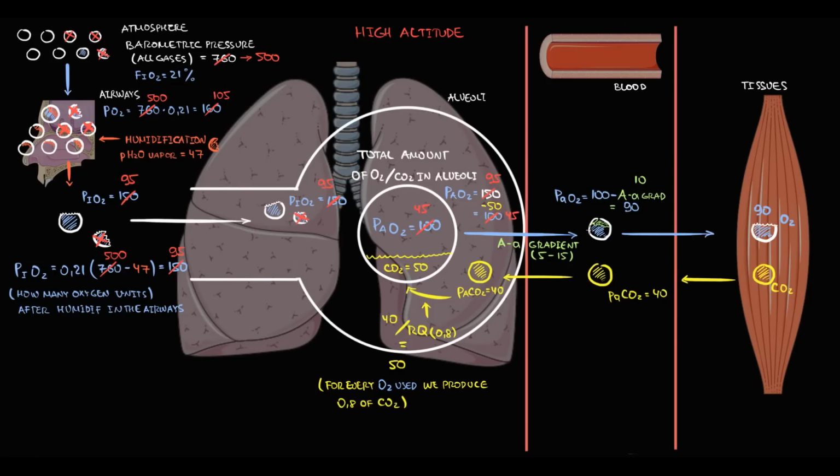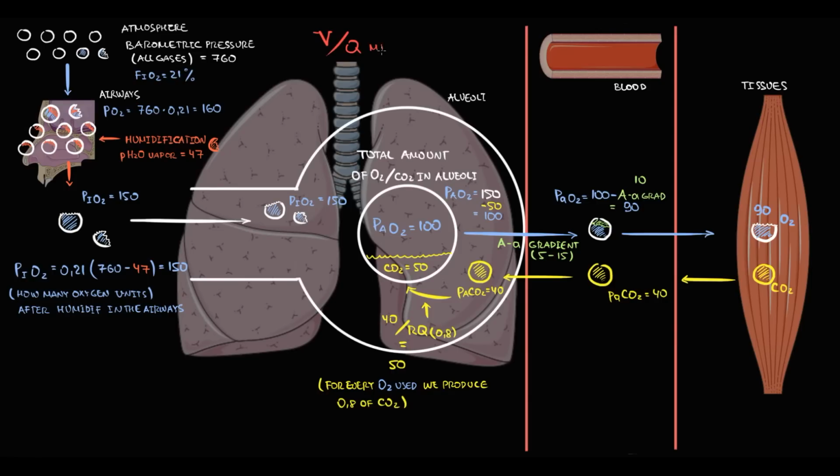And even with normal alveolar arterial gradient, the partial pressure of oxygen in the blood will be 35. So our tissues will have only 35 units of oxygen instead of normal 90, which means that they will be in severe hypoxic state.